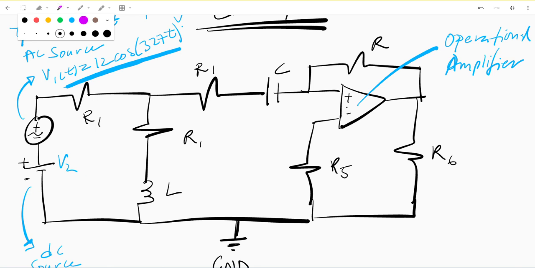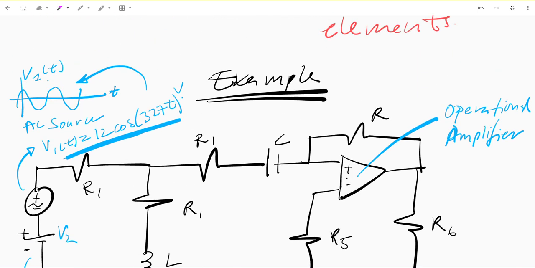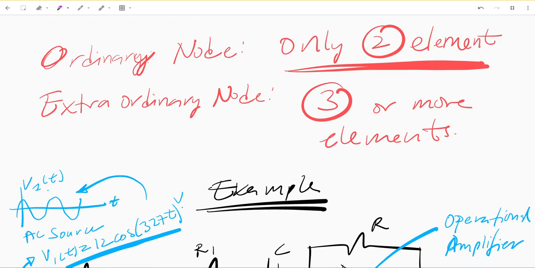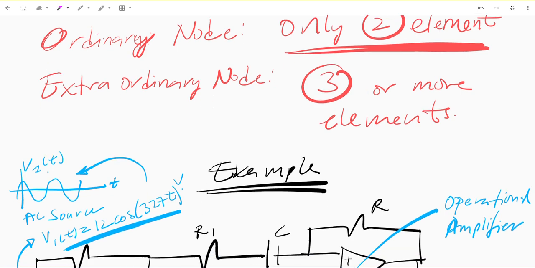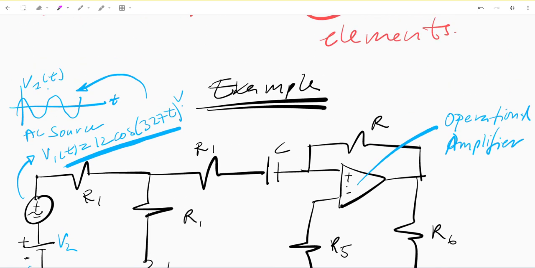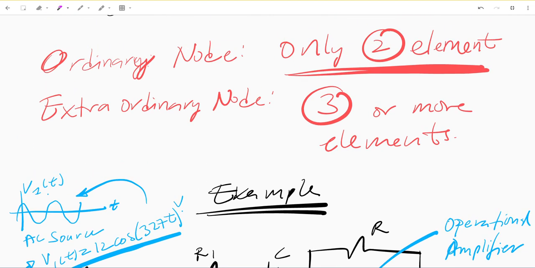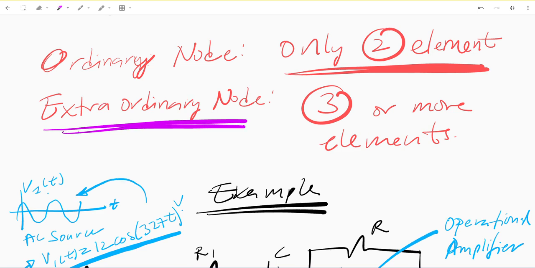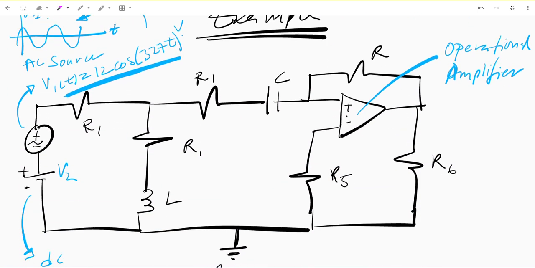Next, we want to identify our ordinary nodes and our extraordinary nodes. Again, the ordinary node is where only 2 elements meet, and the extraordinary node is where 3 or more elements meet. In circuit design, we really only identify our extraordinary nodes, but in this case, I will do both.